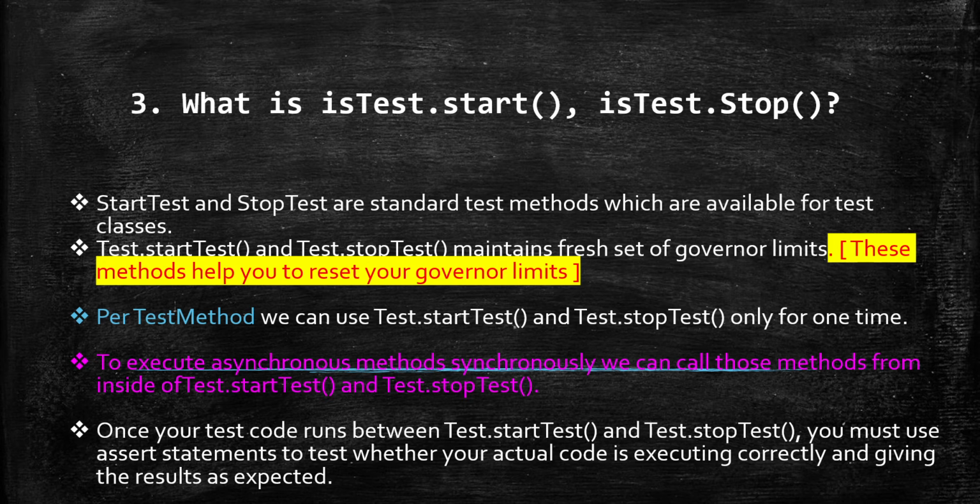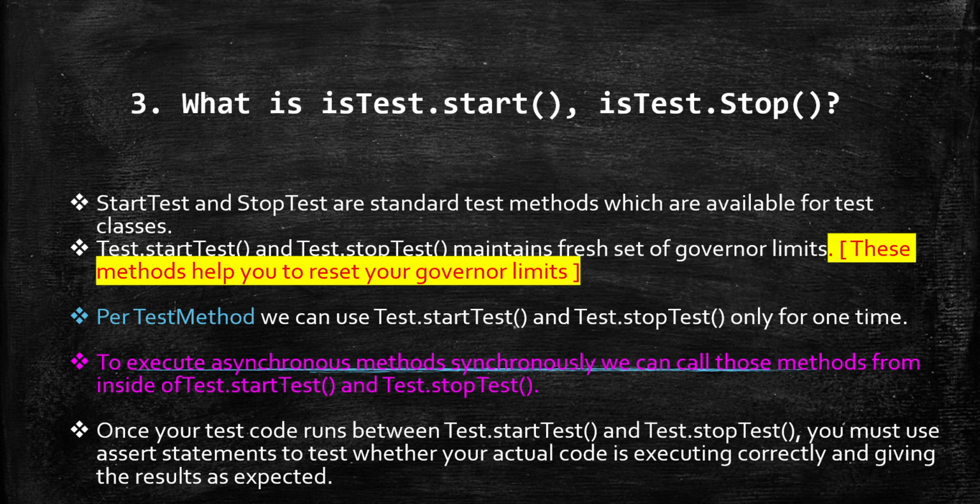So Test.startTest and Test.stopTest maintain a fresh set of governor limits. That is, these methods help you to reset your governor limits.